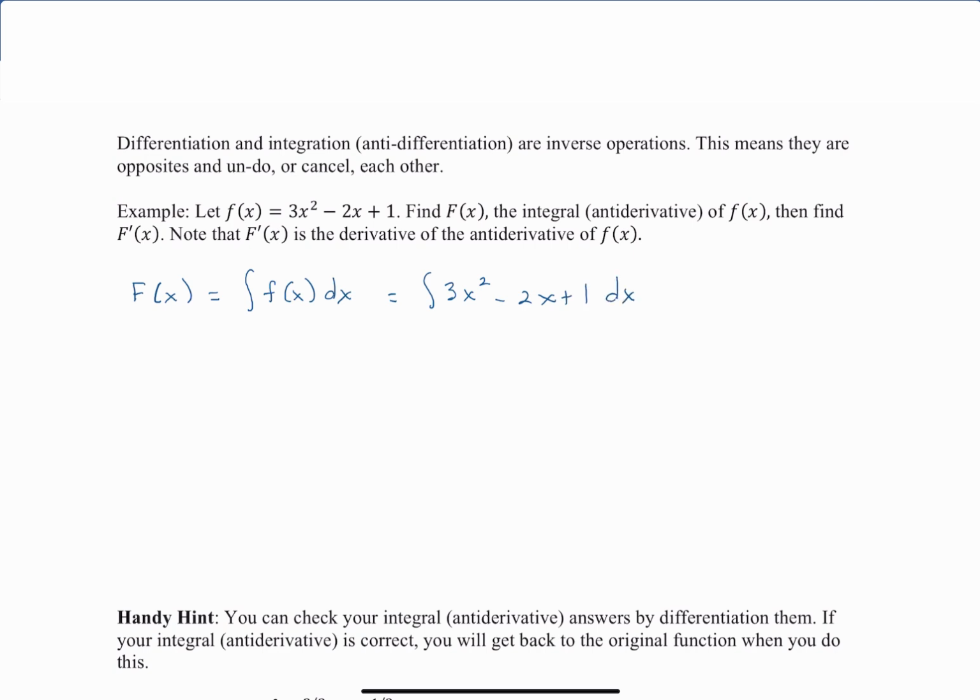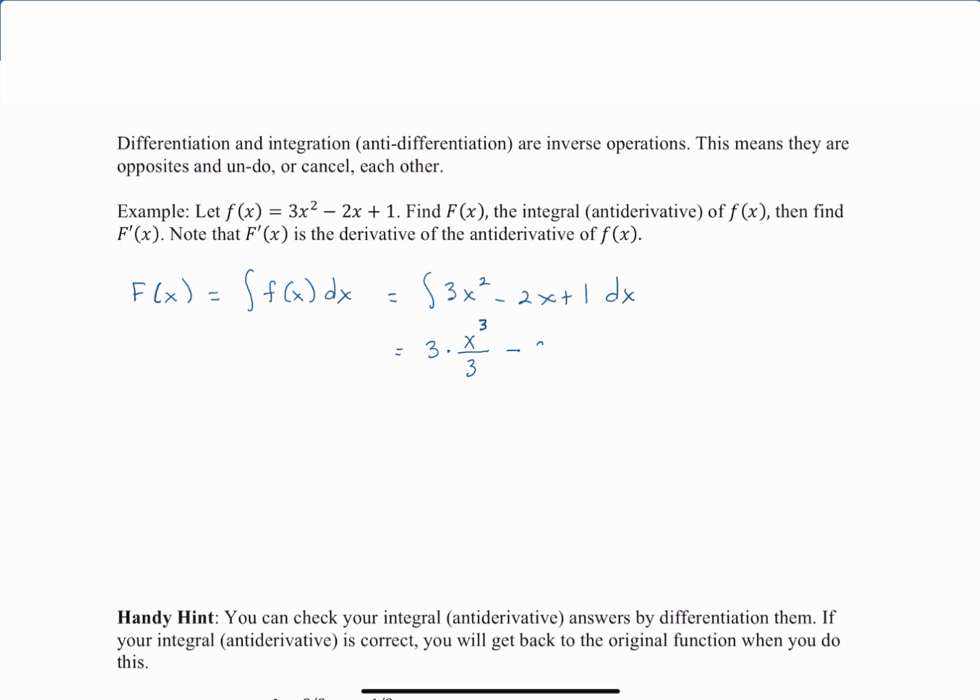So using our rules for integration, we're going to have 3 because we keep the constant coefficient. Then we add 1 to the power on the x, so that's going to be x cubed now because 2 plus 1 is 3. We divide by the new power. And I go on, I keep the minus sign that's between my two terms.